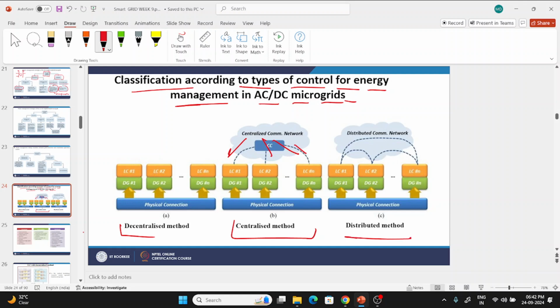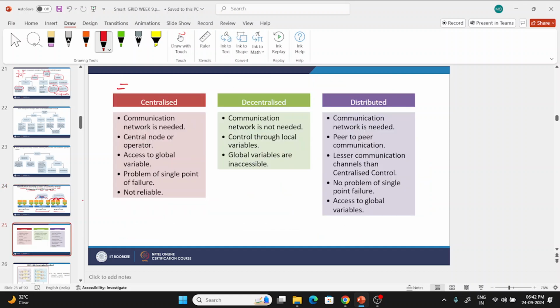And distributed means the control will be centralized, but there is also power management inside the microgrid. This is the classification regarding centralized and decentralized or distributed communication energy management systems.